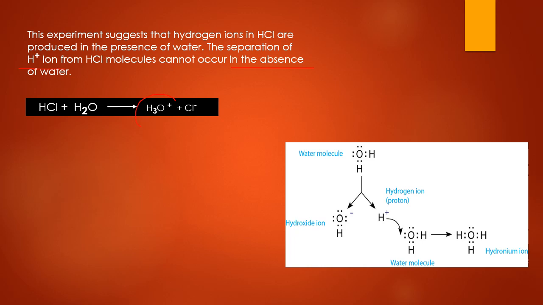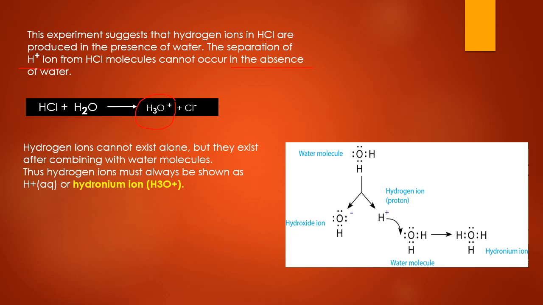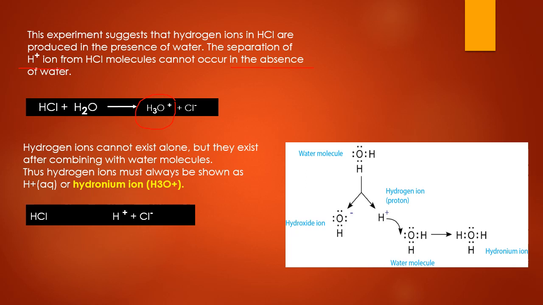From where does this H3O ion come? Let me explain. First we will explain this equation and then I will tell you what this H3O is. HCl is an acid. In the presence of water, it releases H plus ion and Cl minus ion.